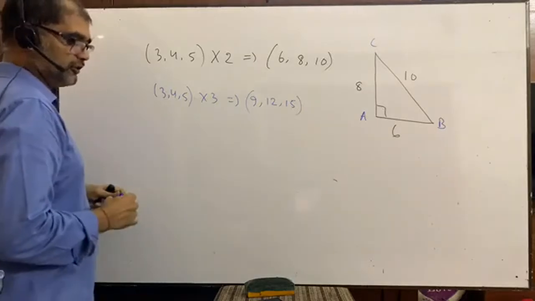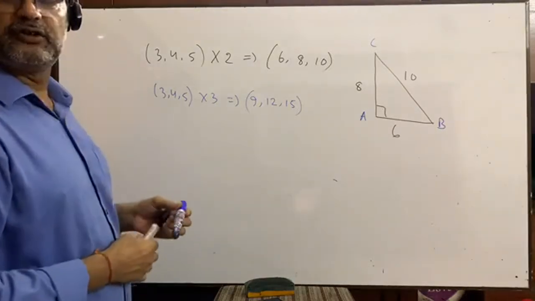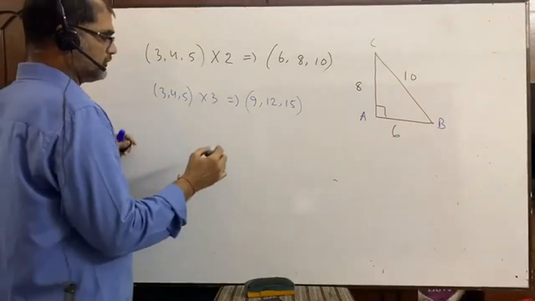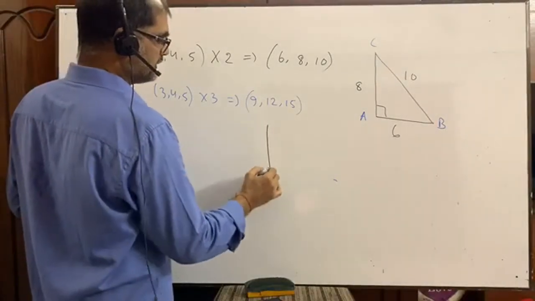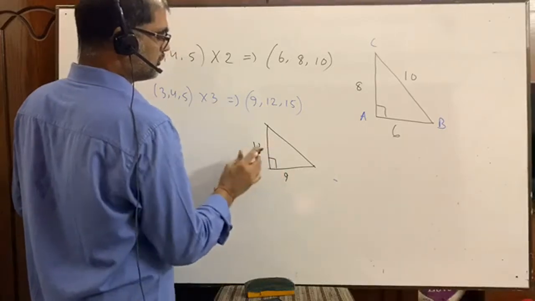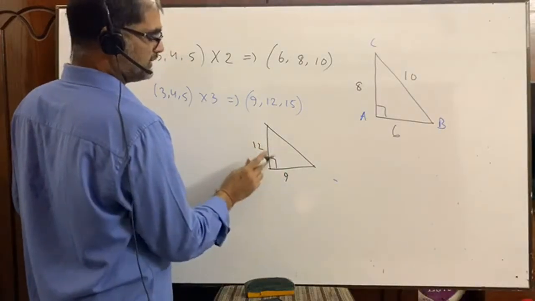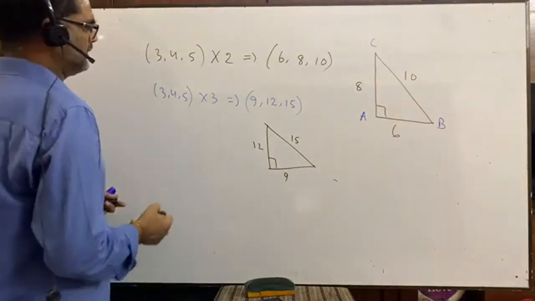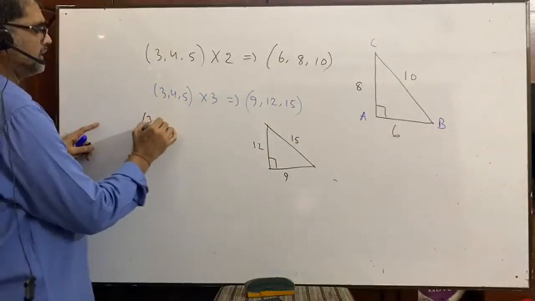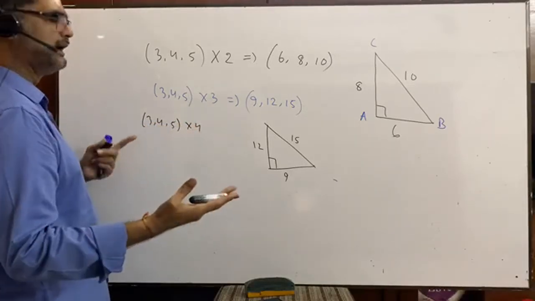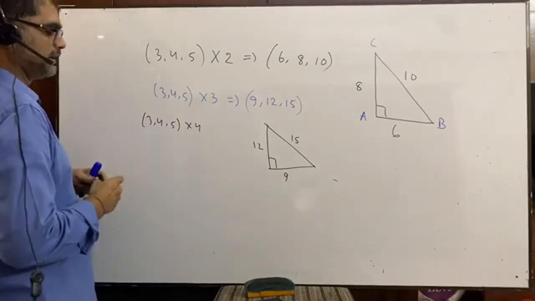It is also called Pythagorean points. That means this is 9, this is 12, it will be 15. In this way you can multiply it by 4, 5, 6, 7, anything, by anything you can multiply it.